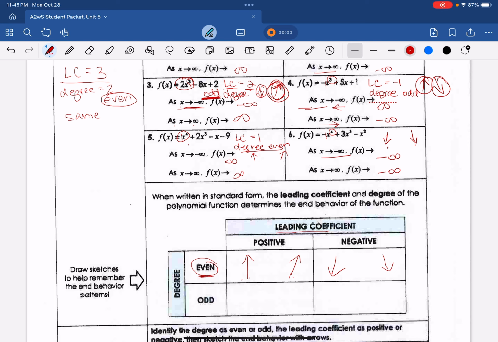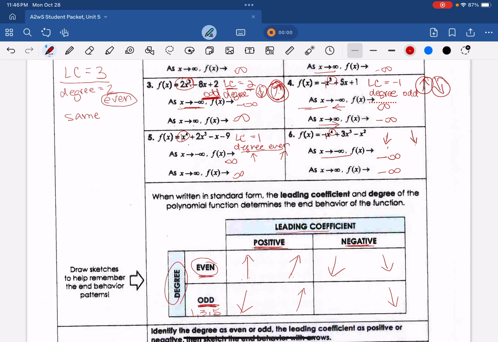All right, now let's go back to a positive leading coefficient means our right side will be headed up. But since our degrees are odd, like 1, 3, 5, then our left end would head down. If our leading coefficient is negative, then that means our end is heading down on the right.